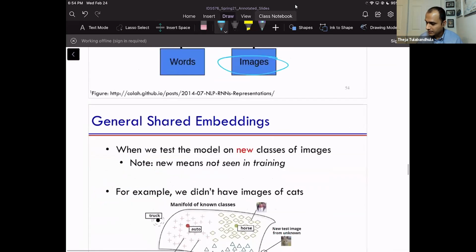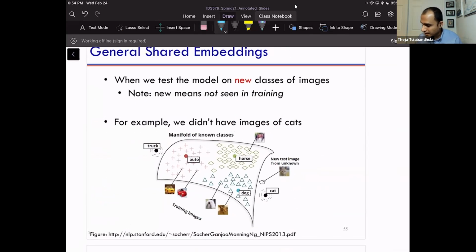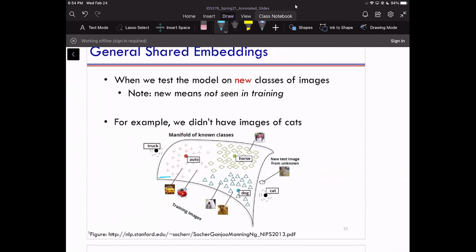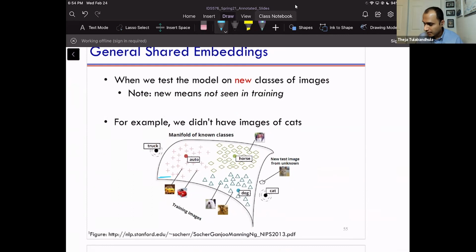So here is an example. For example, these pluses represent the vectors for the images of automobiles, and the red dot represents the vector for the word auto. Okay, and similarly, the squares or rectangles represent the images of horse, and the green dot represents the vector for the horse word itself.